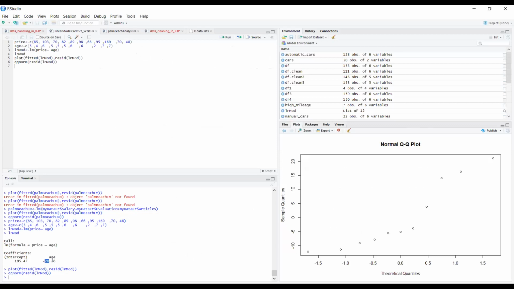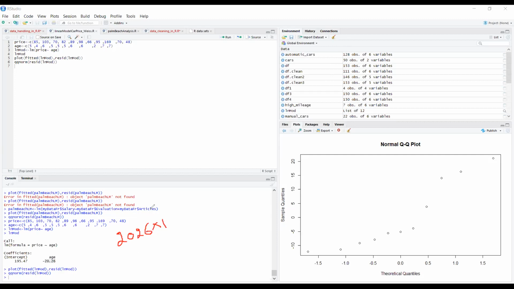If I multiply 20.26 by 100, it gives 2026 dollars. Now what is this 2026 indicating? It is indicating that 2026 is multiplied by age in the model. Suppose the age is 1 year. Every year 2026 will be the decline in the price.